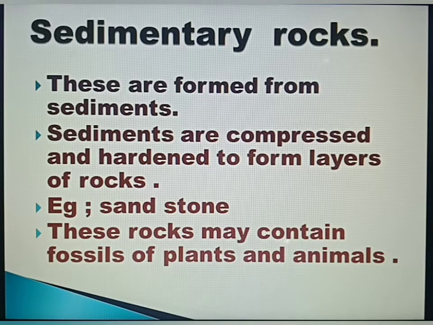These types of rocks are called sedimentary rocks. These rocks may also contain fossils of plants and animals. Fossils are remains of dead plants and animals. For example, sandstone is made up of grains of sand.